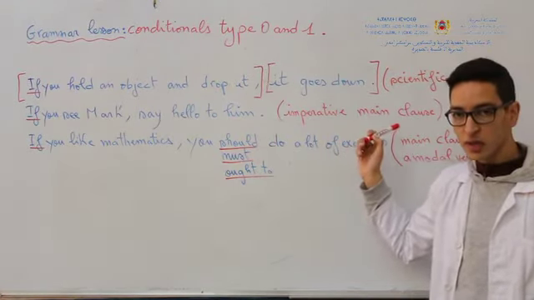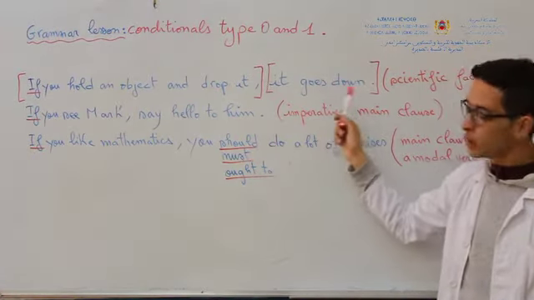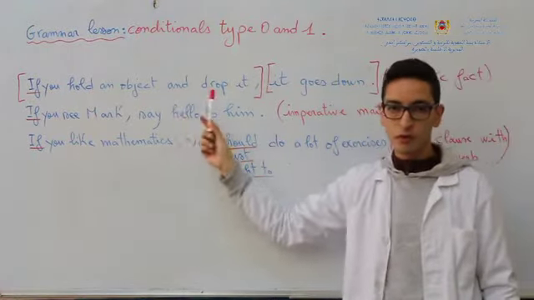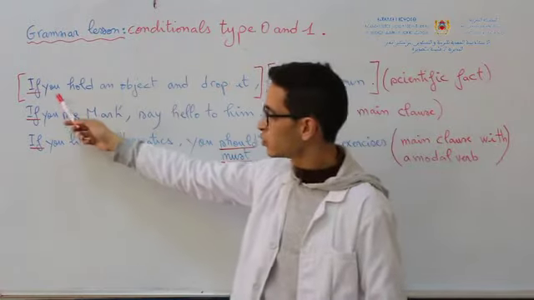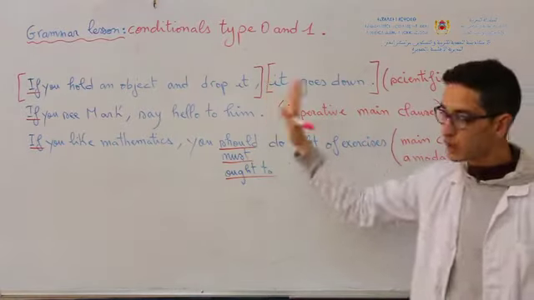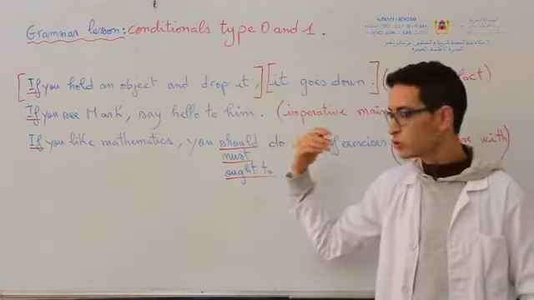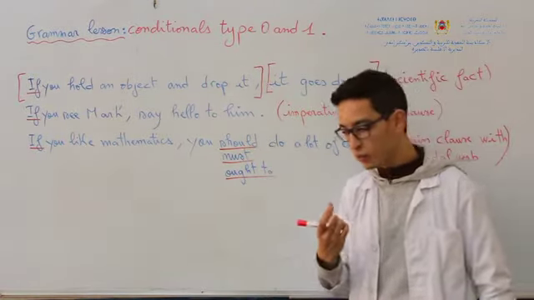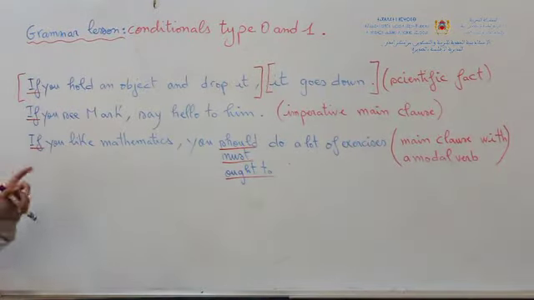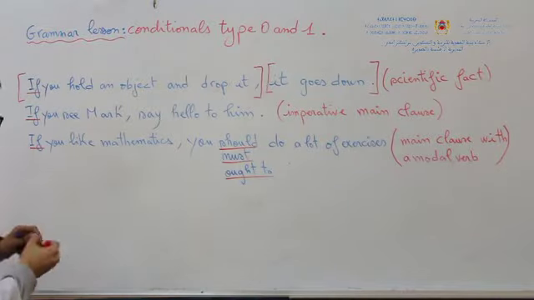This is a possible sentence. This is a main clause, so it makes sense without the first part. But if you start the sentence with if, you can't expect your listener to understand unless you give the answer to your hypothetical statement. So this is just between brackets.